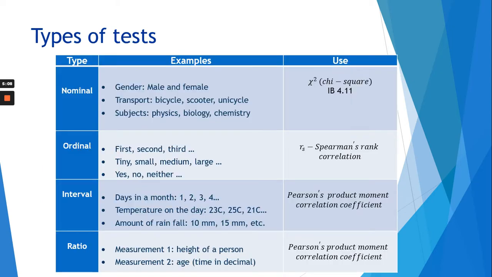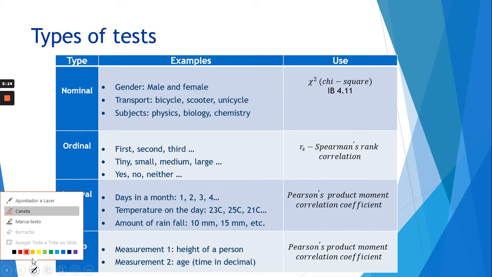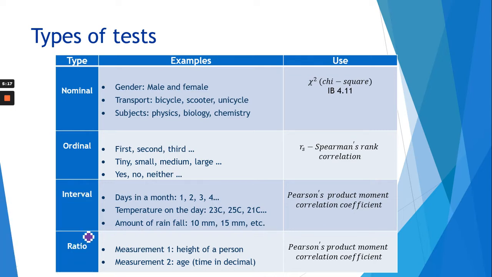Let's take a look at the types of tests. We will be focusing today on Spearman's rank, and you will see this table in different videos. So we're going to focus here on the Spearman's rank correlation, which has to do with the ordinal data. So first, second, third. The main thing is that we have to put in a rank.